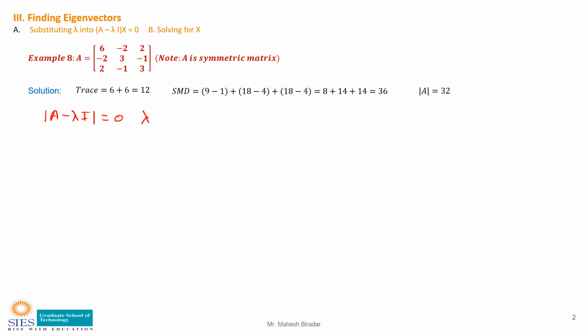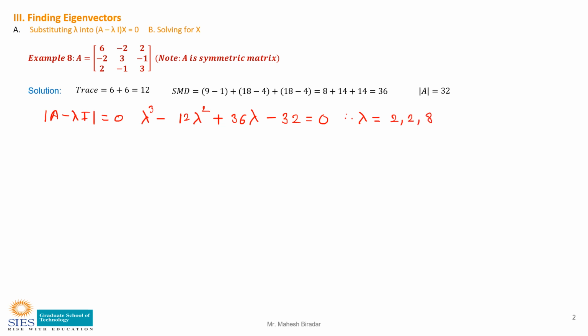We know the formula, lambda cube minus trace, which is 12, lambda square plus SMD, which is 36, lambda minus determinant of A, which is 32, equal to 0. So if you solve this equation, we will get lambda is equal to 2, 2 and 8.